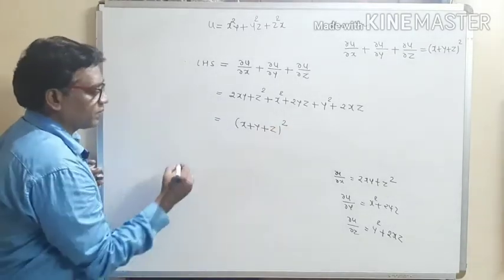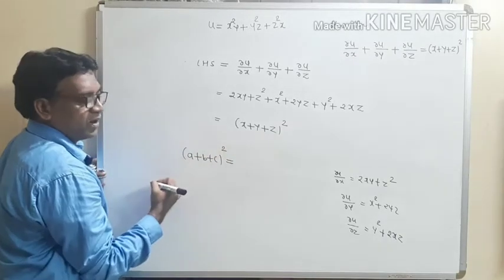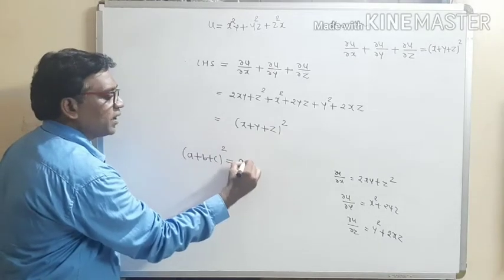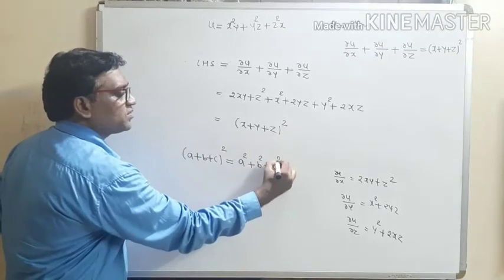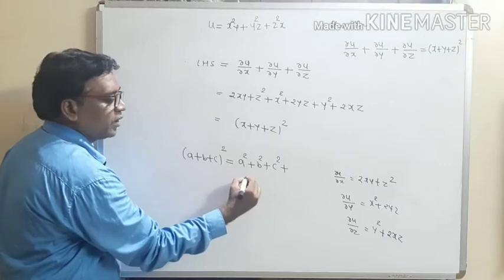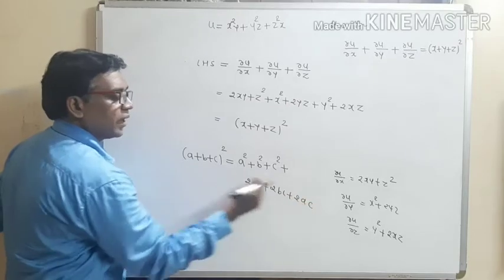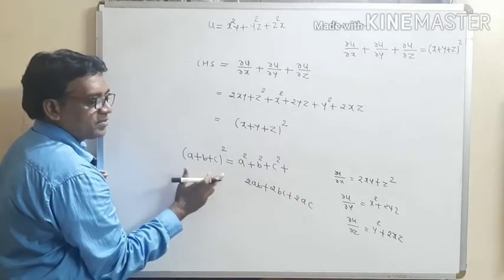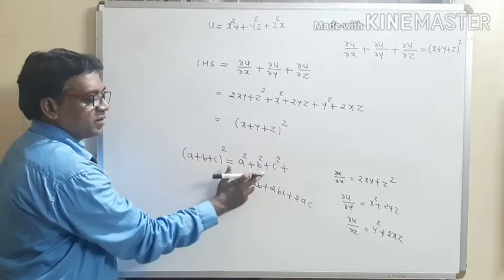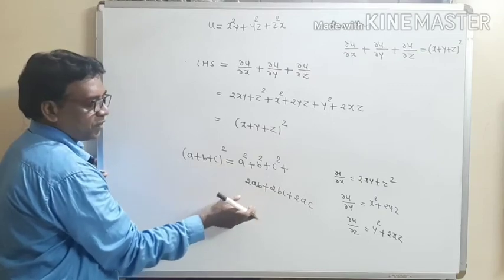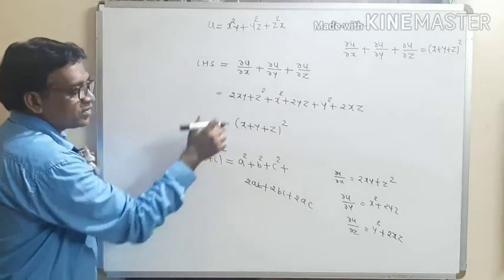Now see, this is the expansion. (a plus b plus c) whole square is given by the formula: square of first term a square plus square of second term b square plus square of third term c square plus 2 times the product, 2ab plus 2bc plus 2ac. So this is the same expansion.